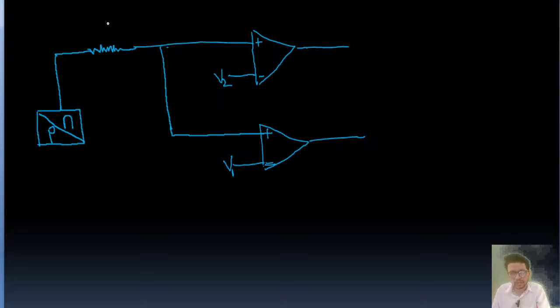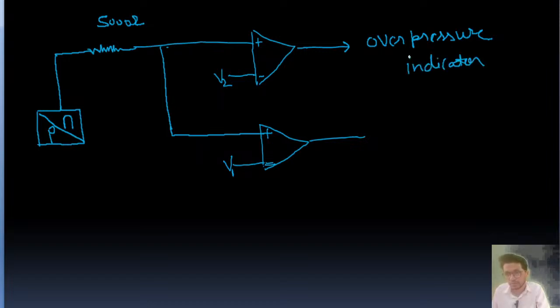This is the figure given, guys. So this is 500 ohm, and this is the overpressure indicator, and ready pressure indicator. Okay, so this is the question which is given. Very good question, guys.